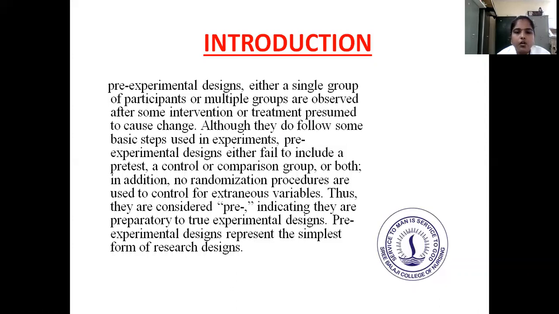Although they follow some basic steps used in experiments, pre-experimental designs fail to include a pretest, a control or comparison group, or both. In addition, no randomization procedures are used to control for extraneous variables. Thus, they are considered pre-, indicating they are preparatory to true experimental design.